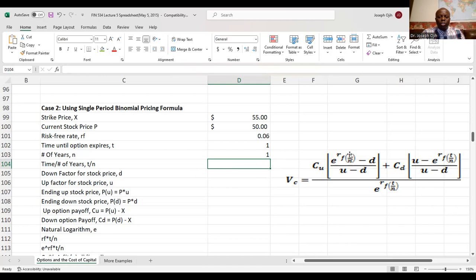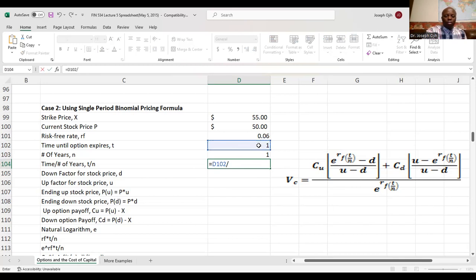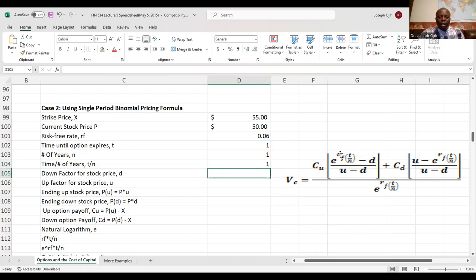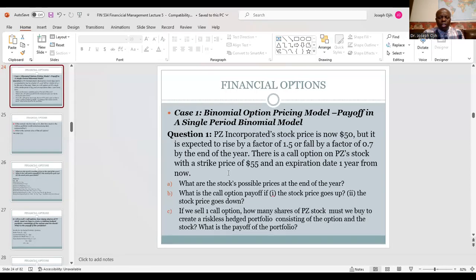So number of, see this one, T over N. Let me get T over N first. T over N equals T, the time to expiration, which is 1 year, over this 1. So that R will come to this part. Let me get the other parts. D, let me get the D. Down factor. Well, of course, we are told the down factor in the question. It says here that it is expected to rise by a factor of 1.5.